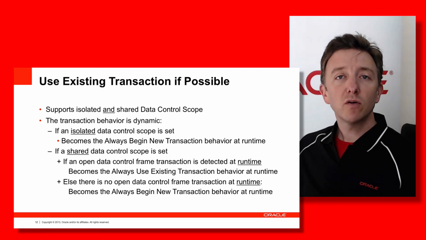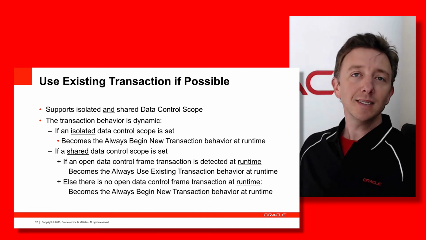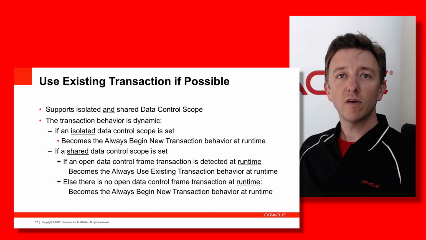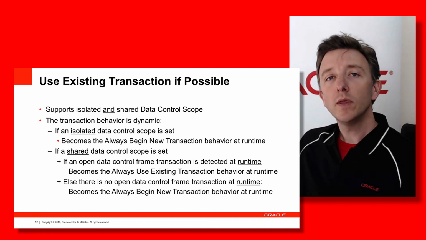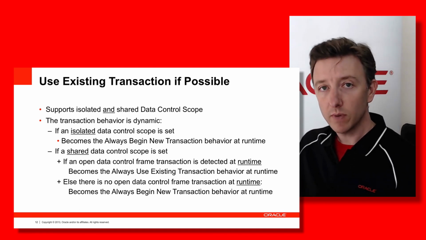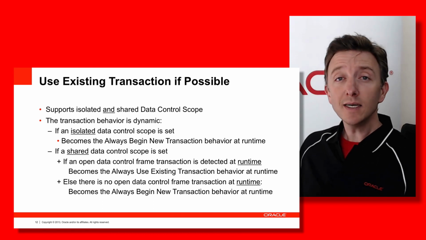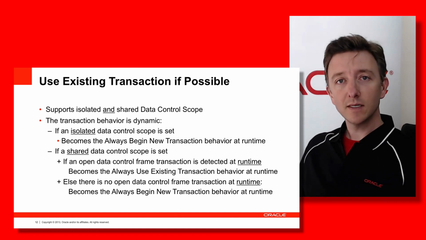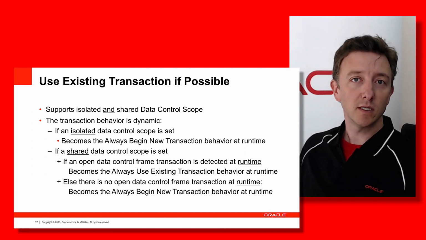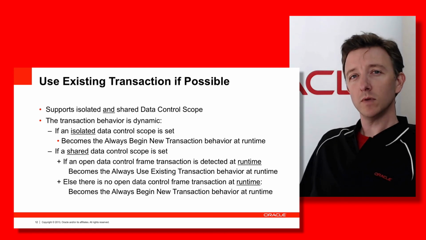If the data control frame that the bounded task flow is joining to doesn't have a transaction on the frame, it will start one. Okay, so we're defaulting back to the always begin new transaction behavior. However, if the data control frame does have a transaction on the frame, then this option basically defaults back to the always use existing transaction behavior.